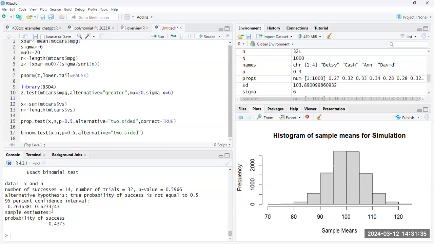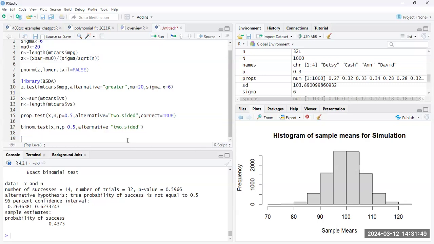And again, you get similar outcomes. The number of successes is 14. The number of trials is 32. The p-value is basically the same, and the confidence interval is also basically the same. So again, you can use the binom test particularly for small samples, or the prop test, which you would typically use for larger samples.